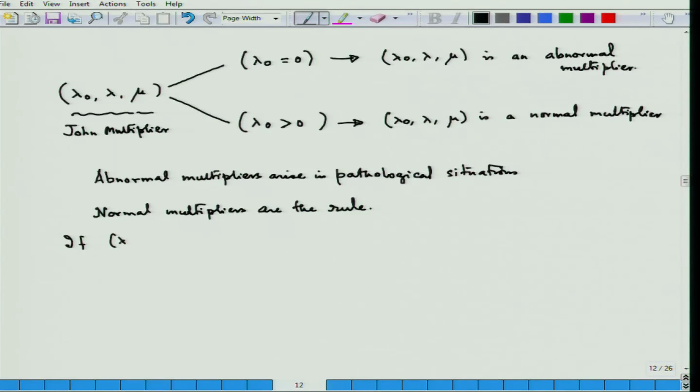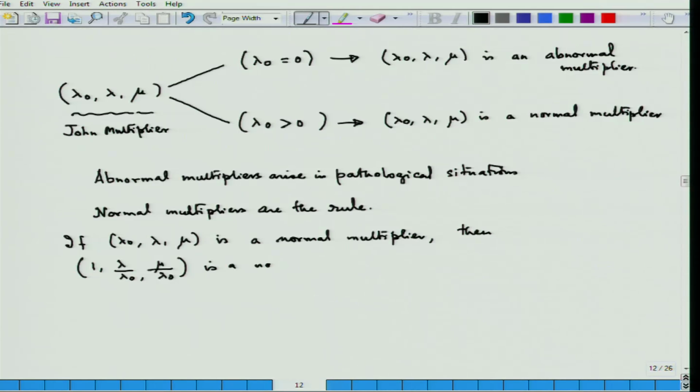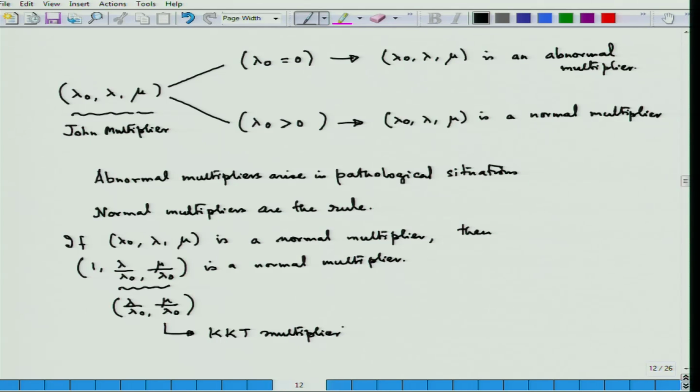So, if lambda naught, lambda, mu is a normal multiplier, then lambda by lambda naught and mu by lambda naught is also a normal multiplier. Usually in this particular setting, this vector is also called the KKT multiplier, which is linked with the celebrated KKT conditions.